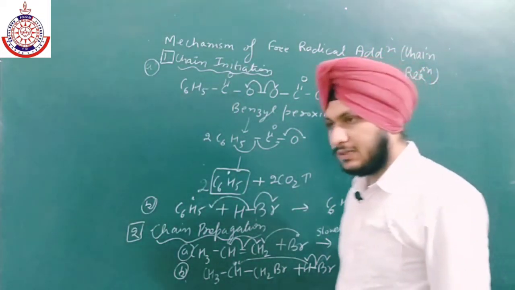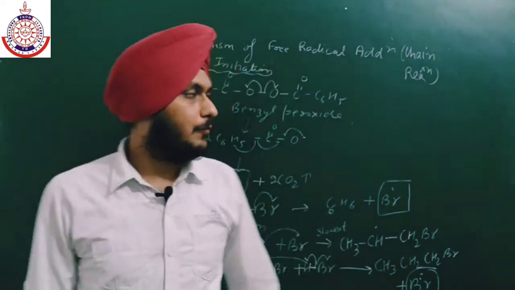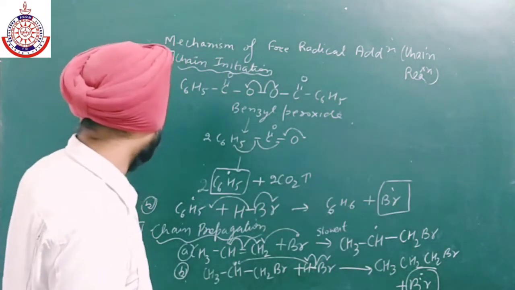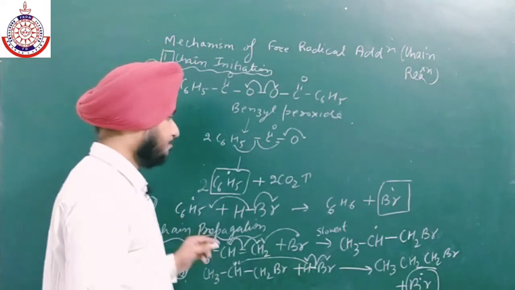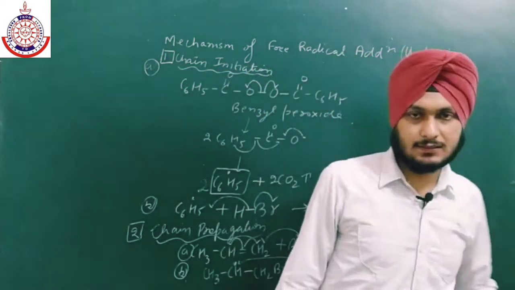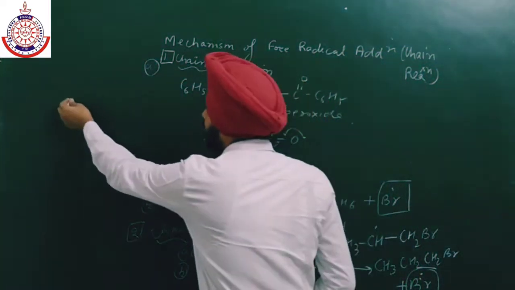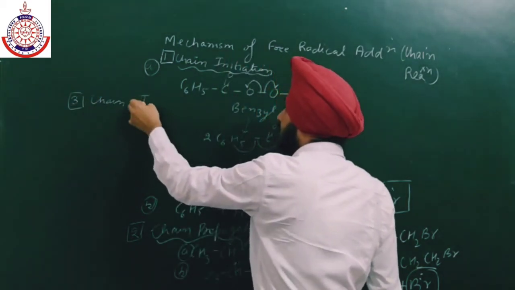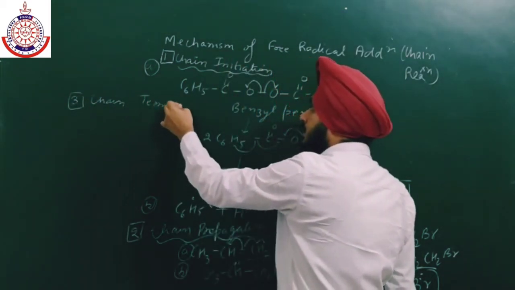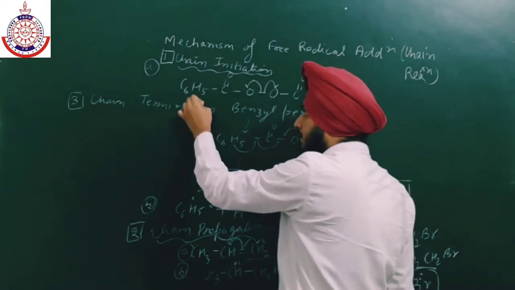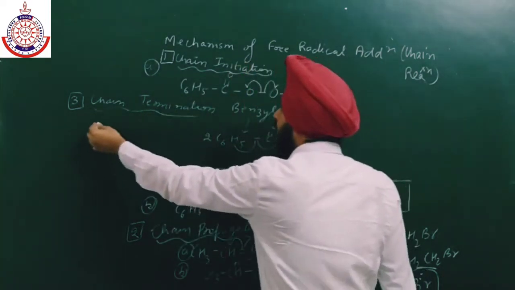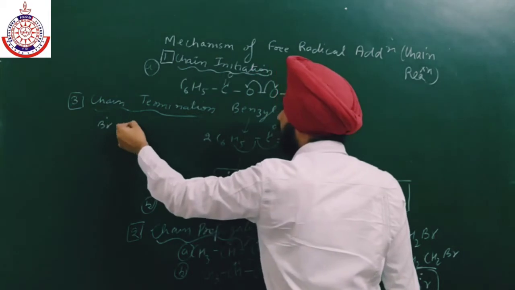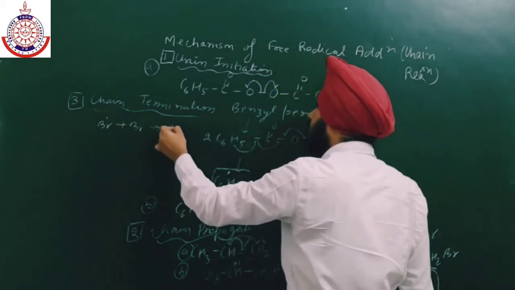But we can also terminate this reaction, which is the third step of this reaction, known as chain termination. In chain termination, these radicals will combine with each other, like we have Br radical combined with Br radical to form Br2.